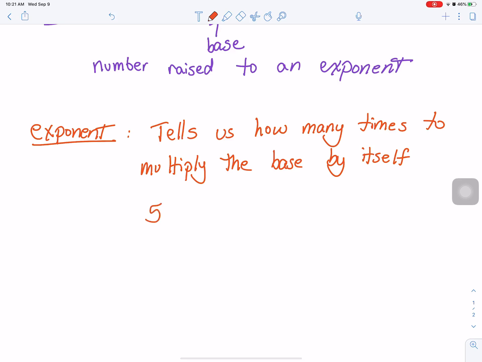So if I have 5 to the third, that's going to be 5 times 5 times 5, or 125. 3 is that exponent.